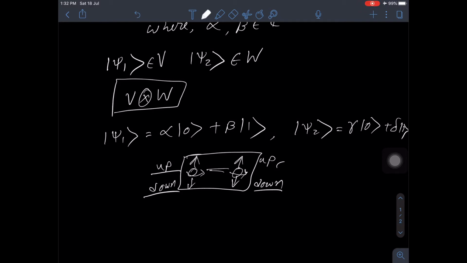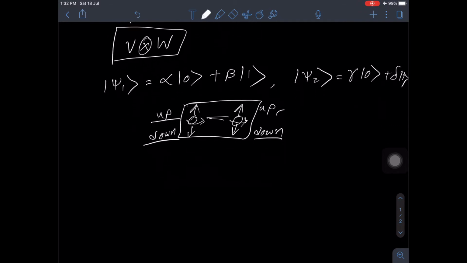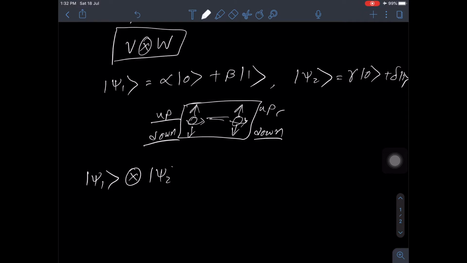So how can you achieve that state? You can achieve that state by taking a tensor product. Let's take the tensor product of psi 1 tensor psi 2. Then how do you do that? That's pretty easy.